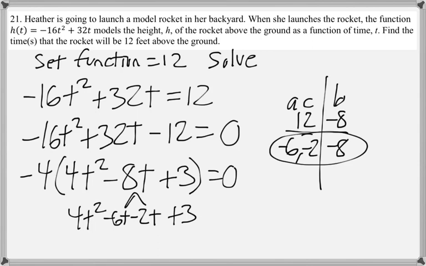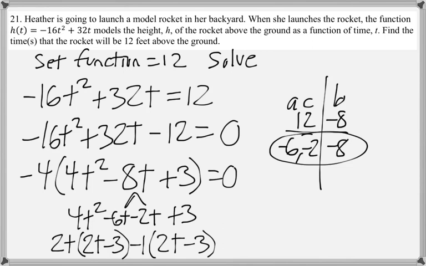and then if I factor by grouping, I can take out a 2t, leaving me with 2t minus 3. And then I want to get a 2t minus 3. I have that here, except it's the opposite signs. So actually, if I factor out a negative 1, I can reverse both my signs and get 2t minus 3.